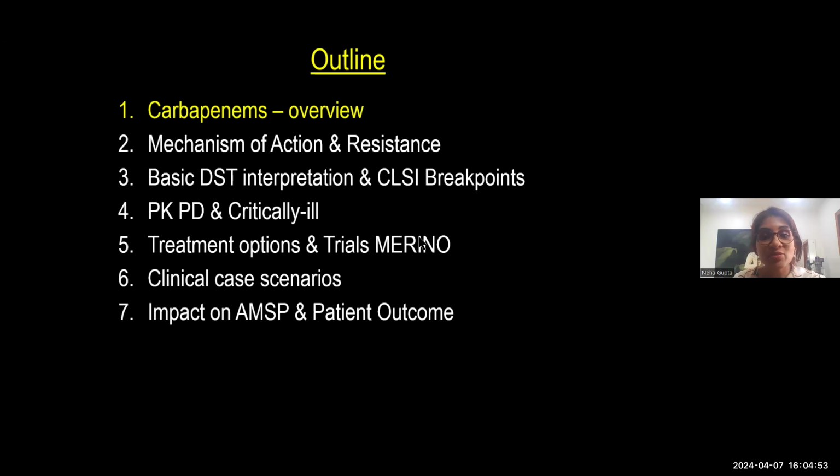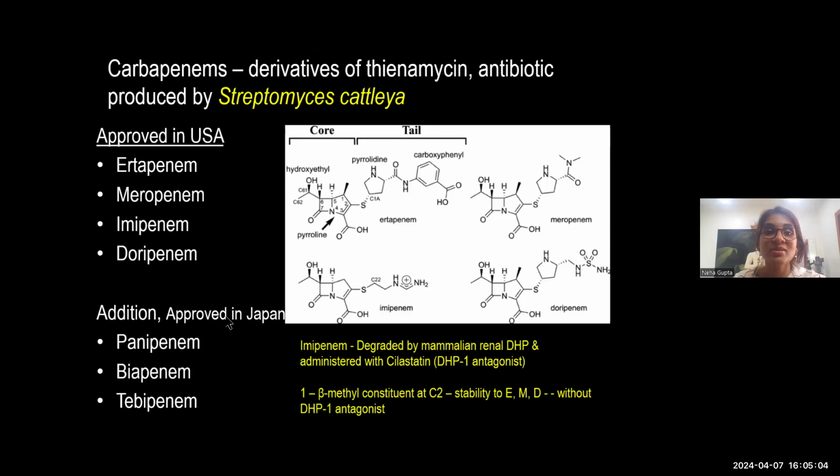What are the trials? Especially, we're going to briefly discuss the MERINO trial, few case scenarios, and the impact of judicious use of carbapenems on the antimicrobial stewardship and the patient outcomes.